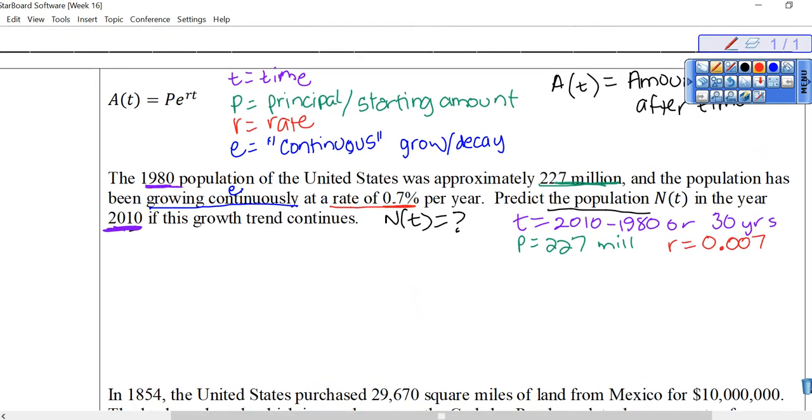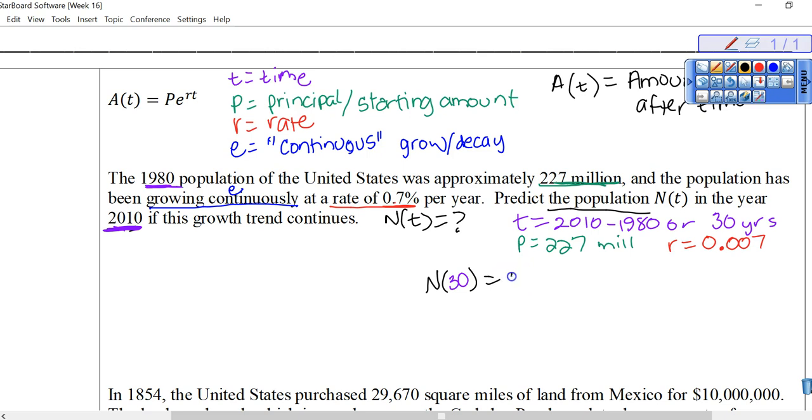All right, so let's go ahead and set up our problem. We have the N of, and we're plugging in how many years? 30. So here's our independent variable. We're plugging in 30.